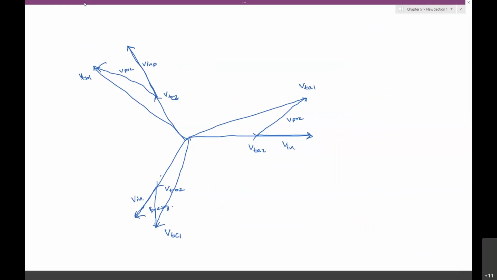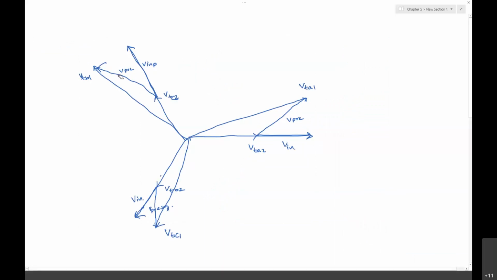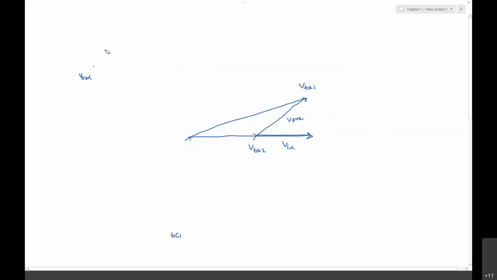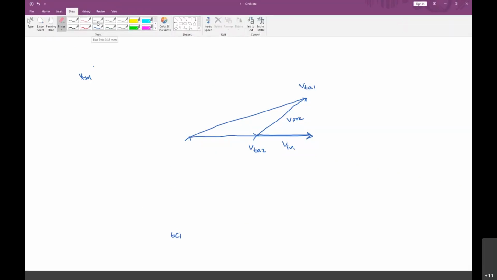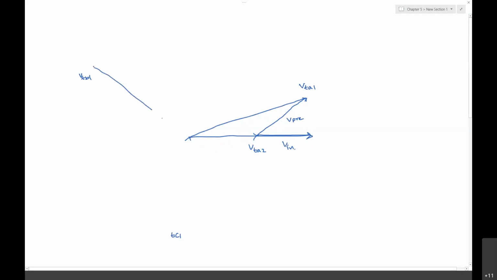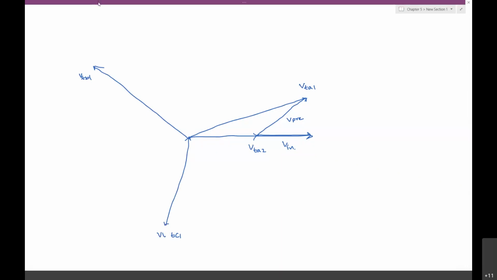Suppose there is a magnitude reduction in only one of the phases. Let us assume that a phase shift or a voltage sag is experienced in only one of the phases.